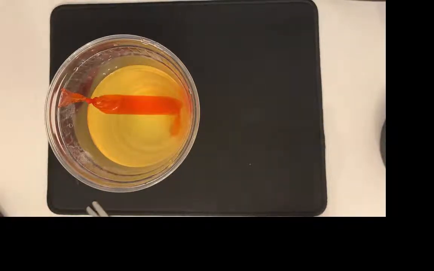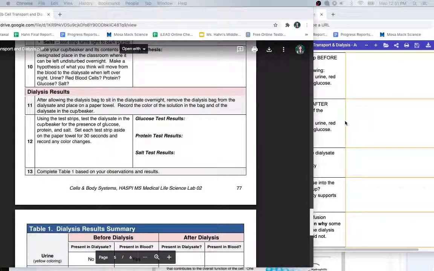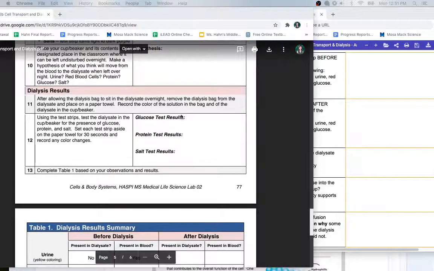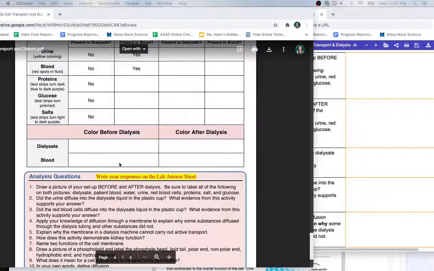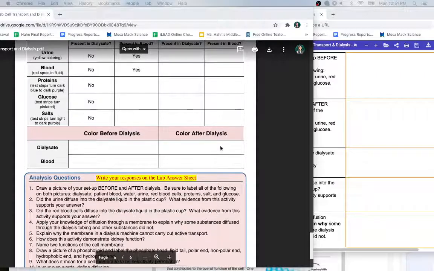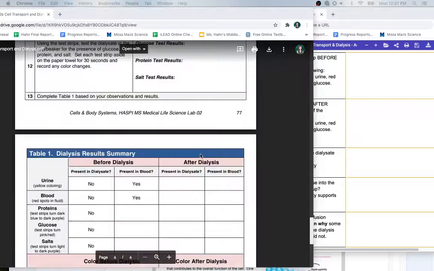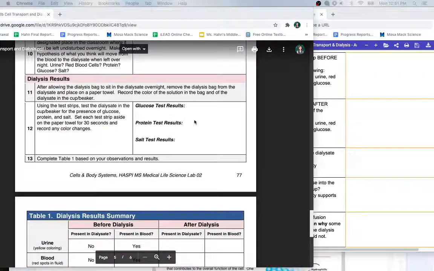And let's take a look at our lab. You can go ahead and write the color before and after dialysis of the dialysate and the blood, and then now we're going to test for glucose, protein, and salt.